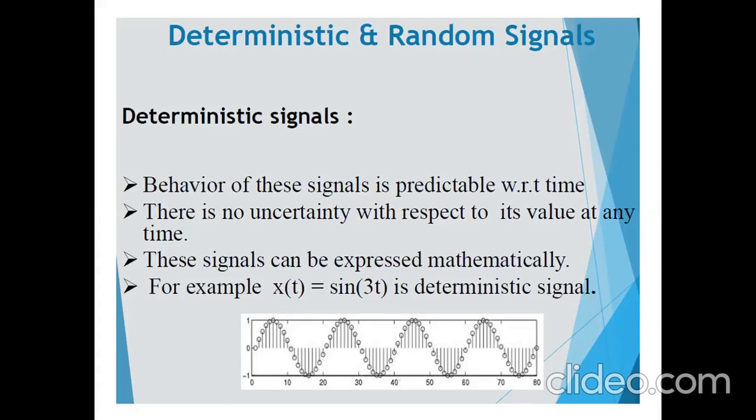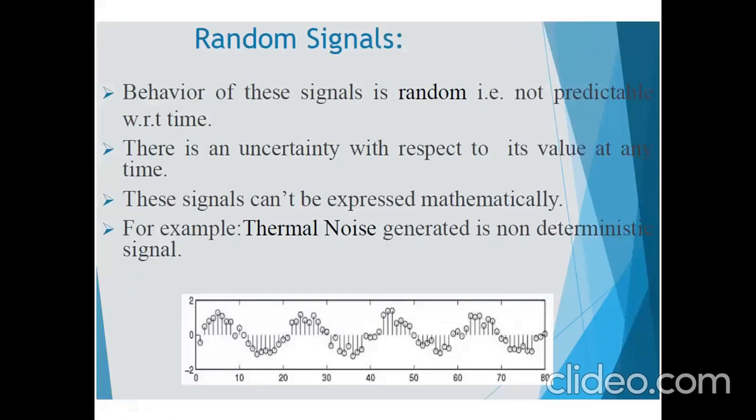Now the random signal. Random signals are random in nature. The amplitude of a random signal is not traceable, so that's why these signals are called random signals. By definition, the behavior of this signal is random, that is, not predictable with respect to time.